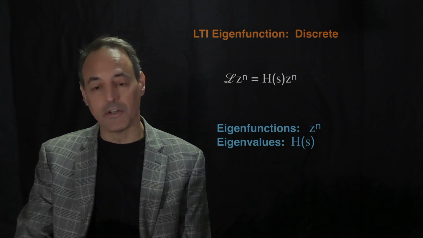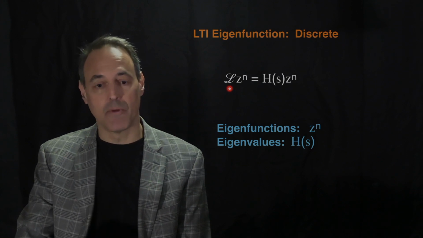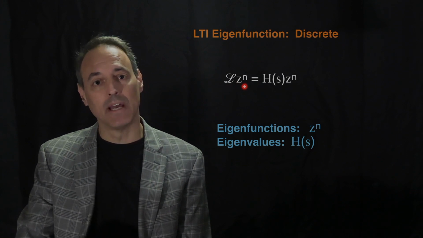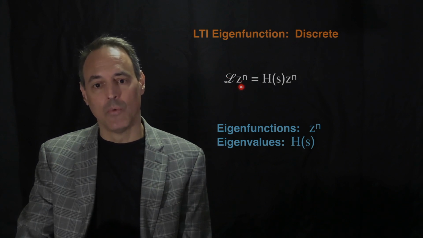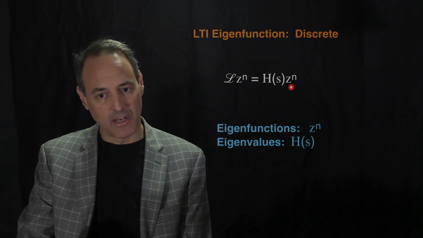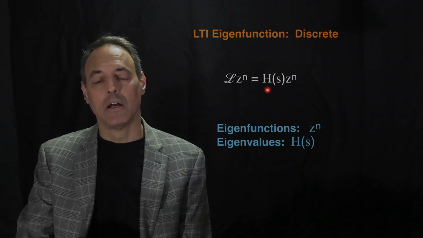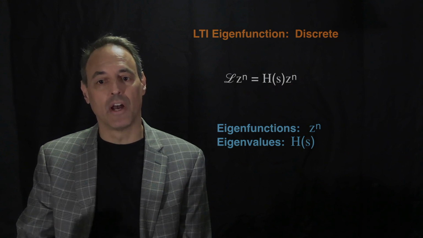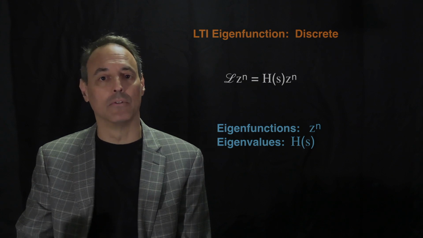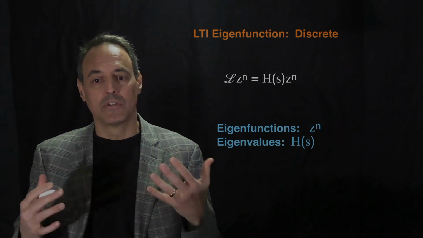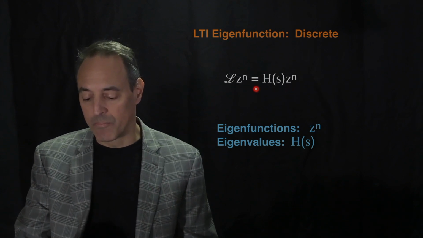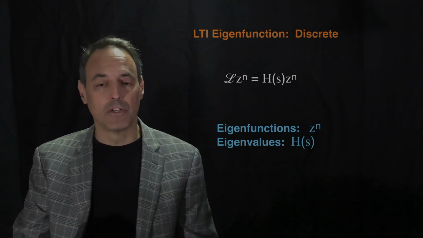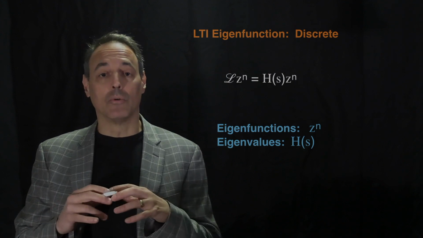More broadly, in this notation, there's some operation that acts on z^n, and this is the action of the physics of that system. What comes out is z^n times this H, and so here you go. Those are the eigenfunctions and eigenvalues. So once again, you have these important pieces of information, which means now I'm going to do a linear superposition.